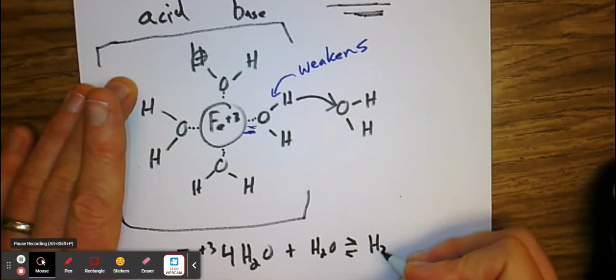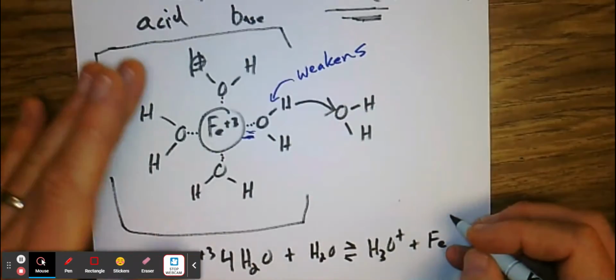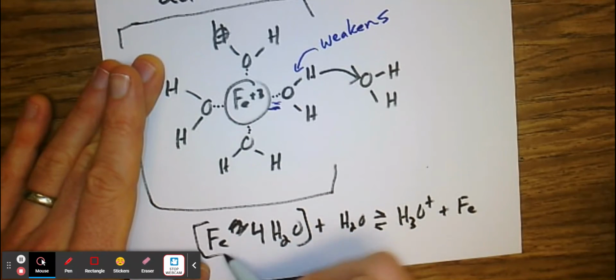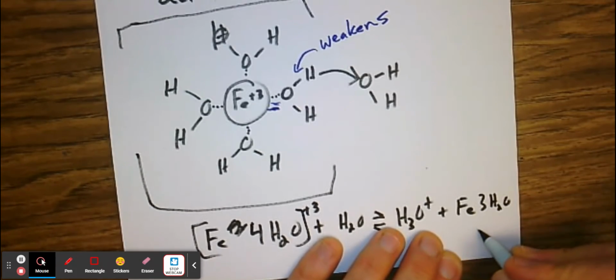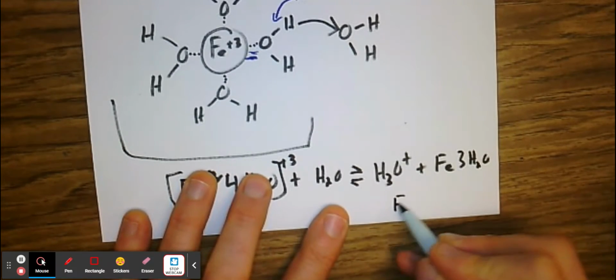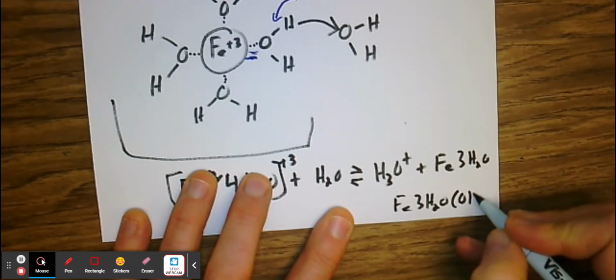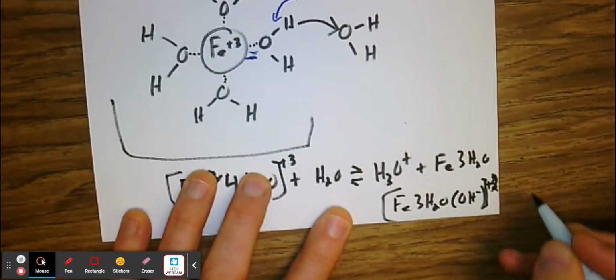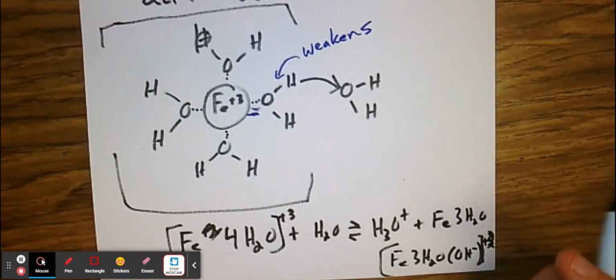This is going to make H3O plus and Fe 3H2O OH negative, and the whole thing is plus 2 now. It's a 2, not a 3. So that's another example of a proton donor.